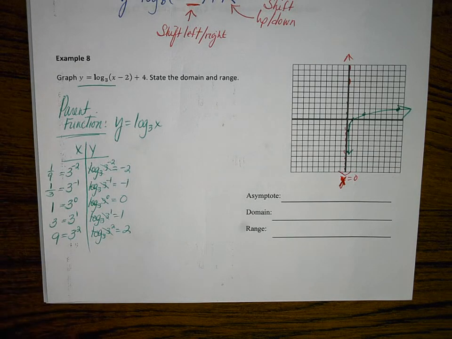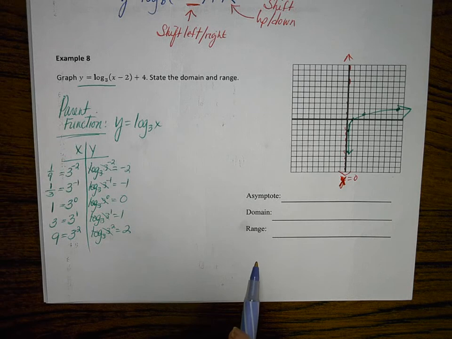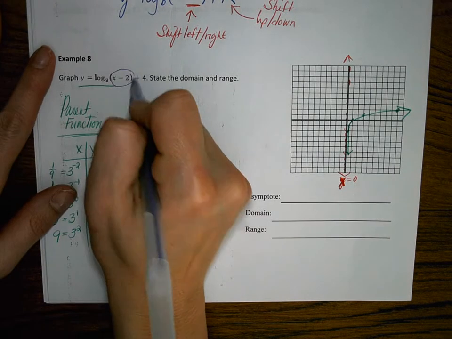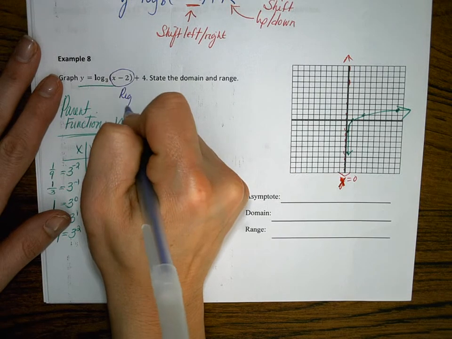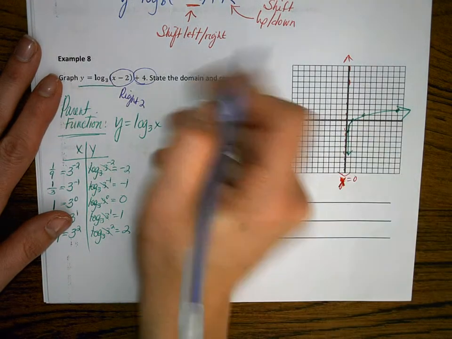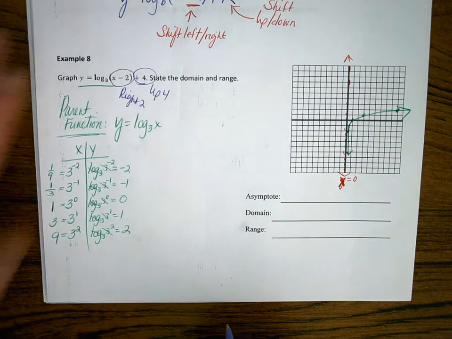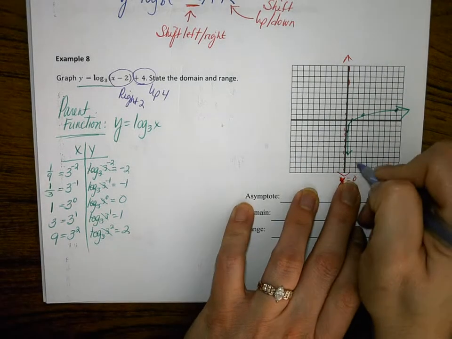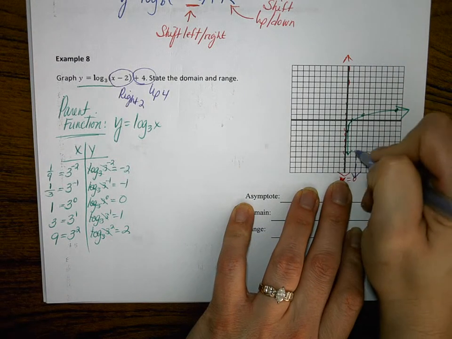All right, now on this graph, what else is going to happen to this graph, Brody? It's going to go right 2 and up 4. Move your asymptote first. Right 2, up 4. The up 4 doesn't do anything for your asymptote, but the right 2 sure does.